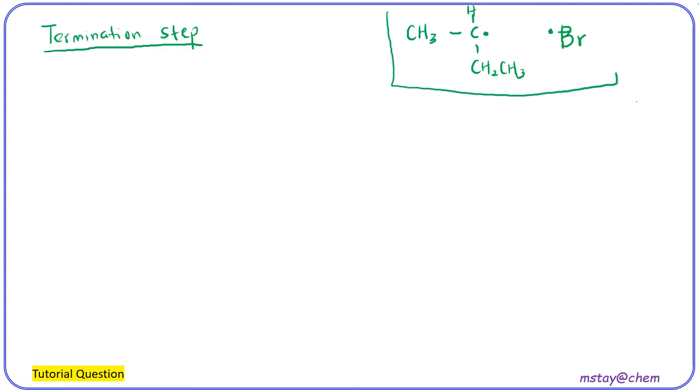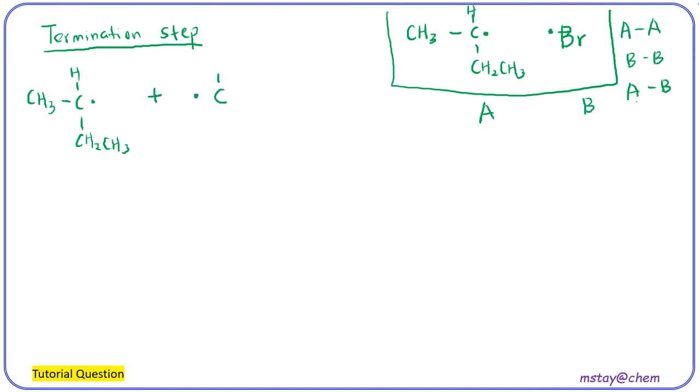That means we have two types of free radical here: free radical A and free radical B. So there are three possibilities of combination: A with A, B with B, and A with B. Okay, so now we can start with the first one, CH3, CH, CH2, CH3 with a free radical, plus free radical CH, CH2, CH3, and then CH3.